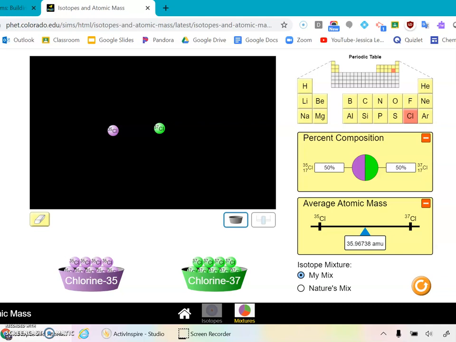By having more chlorine 35s in the mix. If it's a 2-to-1 ratio, 66 to 33, it's 35.6. If it's a 3-to-1 ratio, you'll end up seeing it's almost the same as what we had in our example, and 35.46 is pretty darn close.